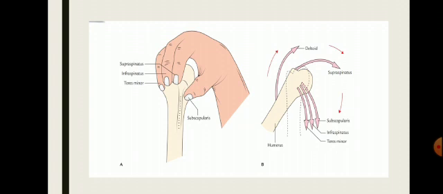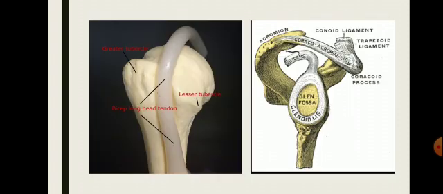The long head of the biceps tendon passes into the bicipital groove, so that it will also pull the head medially. And then the glenoid labrum. As the glenoid cavity is too shallow, in order to deepen the glenoid cavity, the glenoid labrum is present, so that the head of the humerus will get attached better.